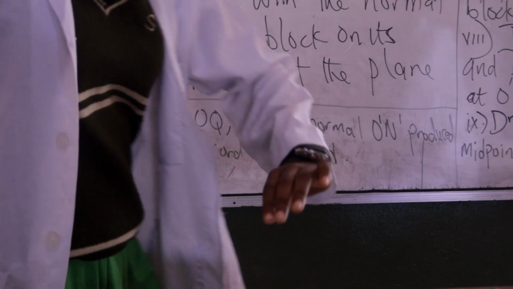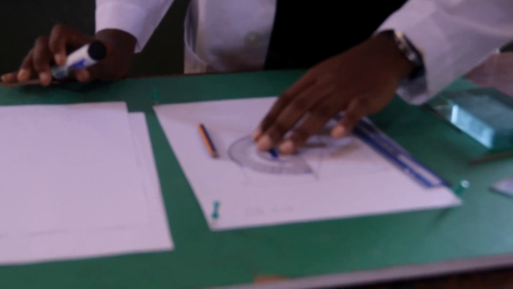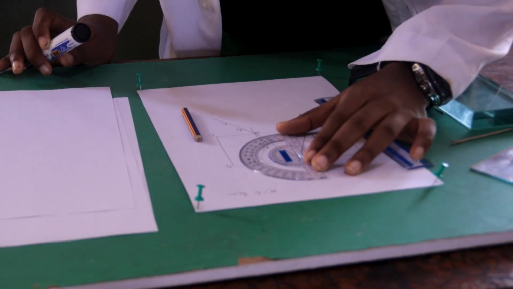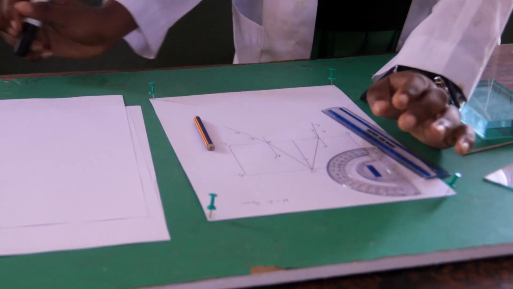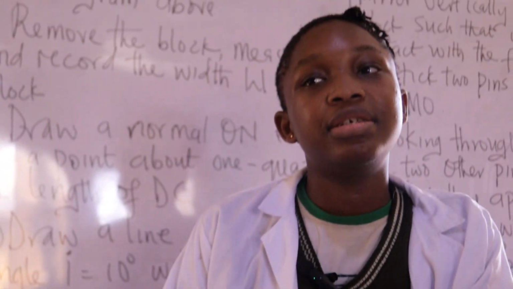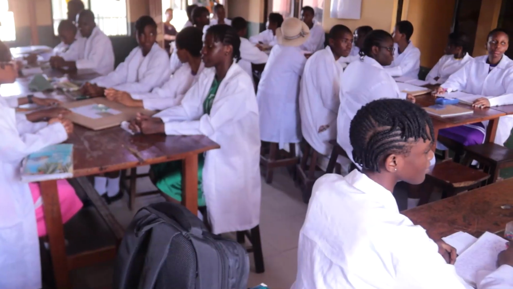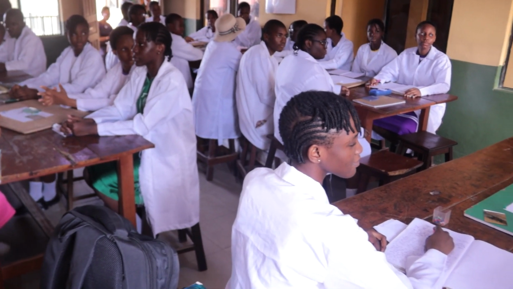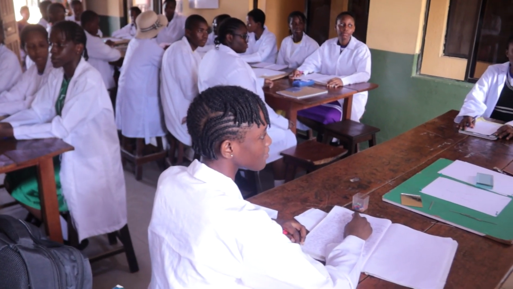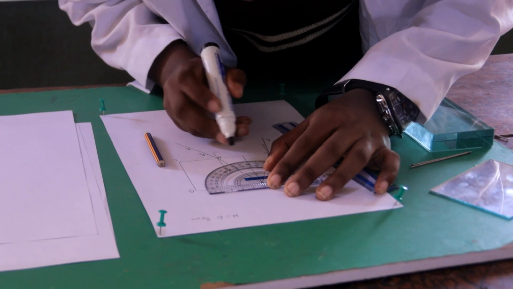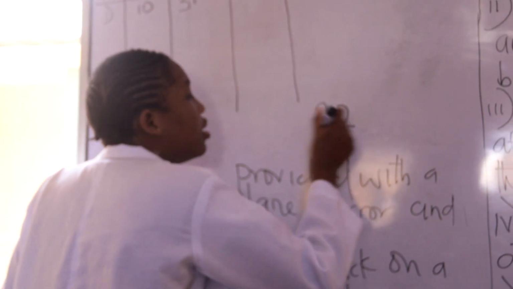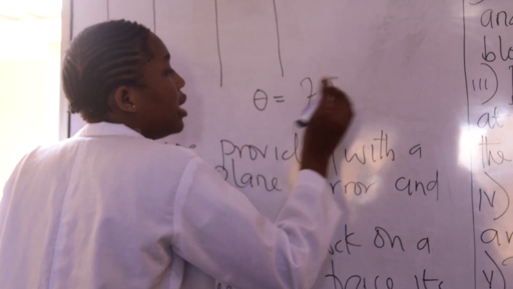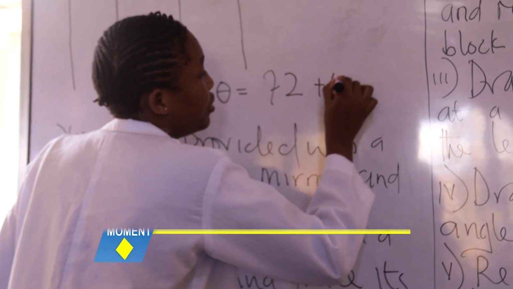Then I'm measuring theta, which is here. For me to measure theta, I'll have to measure the first side, the second side, and add it together. Do you understand? For the first side, it is 72, and for the second side, it is 63.